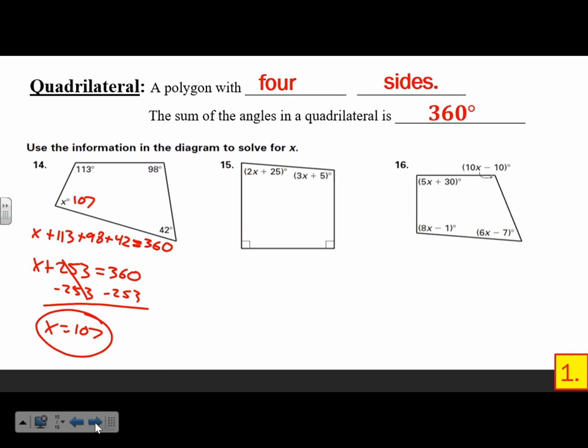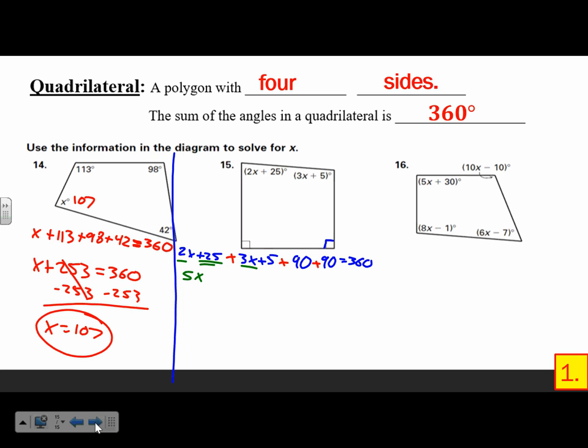So the next one gets a little bit more difficult. Instead of just having an x, we have these binomials, but that's okay. So we have 2x plus 25 plus 3x plus 5 plus the other two, it doesn't say what they are, but they have it marked as 90. So plus 90 plus 90 is equal to 360. And now we do the same thing we just did. Combine your x's. That's 5x.